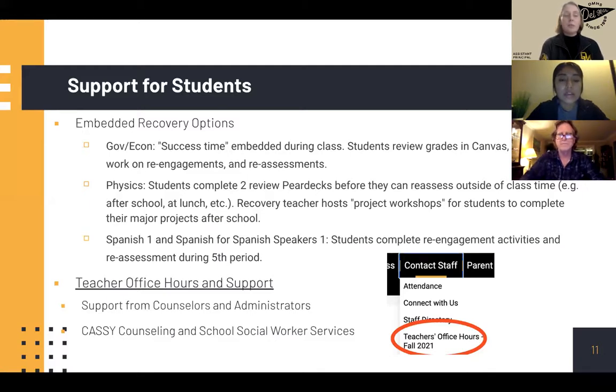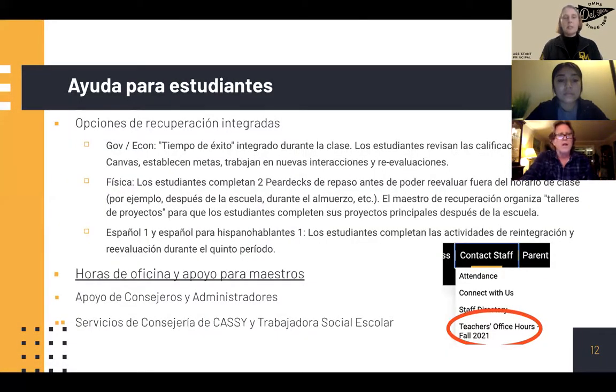So if you have questions about any of those, then you can also reach out to the student's counselor or assistant principal, and we can help get your student connected with those services. This is the same thing in Spanish, just wasn't enough room on the one slide.